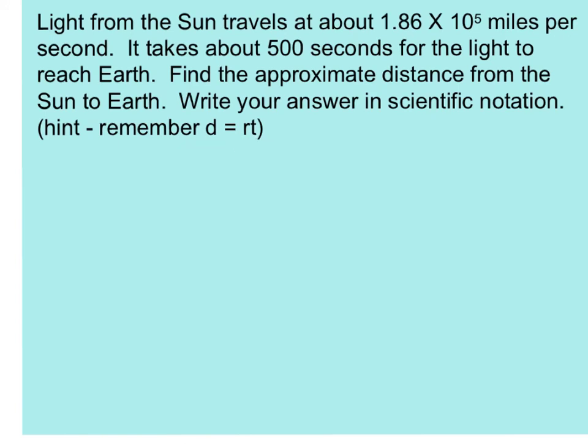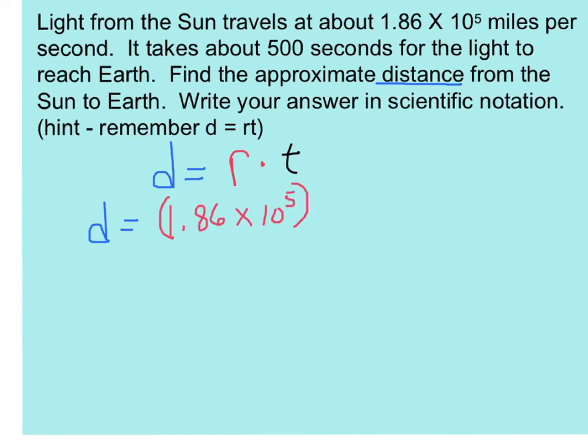So let's set that up. We're looking for distance, and our rate is 1.86 multiplied to 10 to the 5th power per second. Per means rate, so I'm going to write that right here. Our time is 500 seconds. Now, I'm going to take 500 seconds and make it scientific notation.